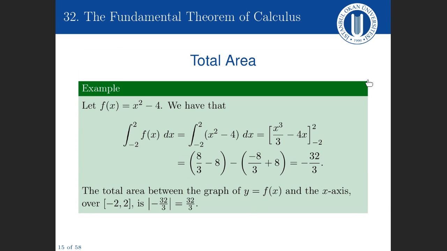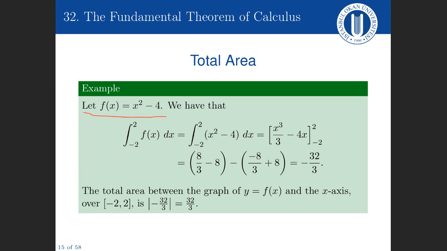We may be interested in the total area under a graph. If we say that all area between a function and the x-axis is positive, then we have something called total area. For example, let's first look at the function x squared minus 4.